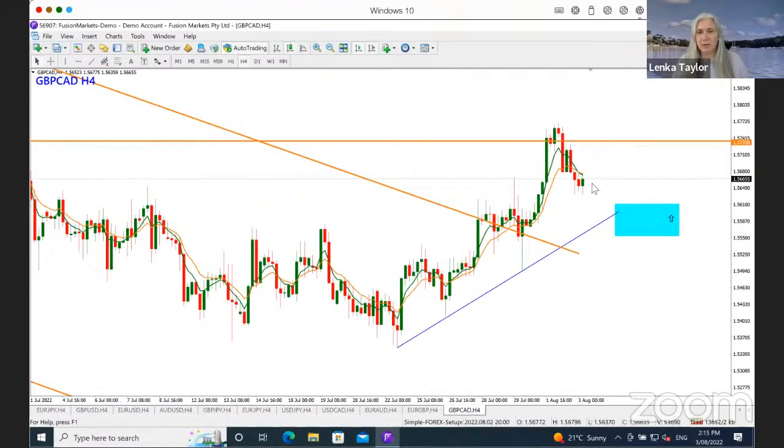But I am looking at that potentially being broken to go above, since we are above the channel. So it's basically a place of decision. Every time the price gets to a level of either a trend line, or a horizontal level of support or resistance, it's a decision point.